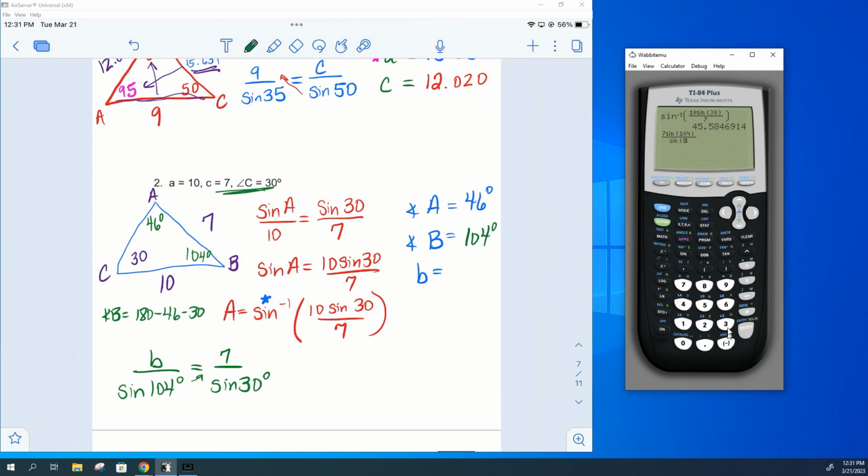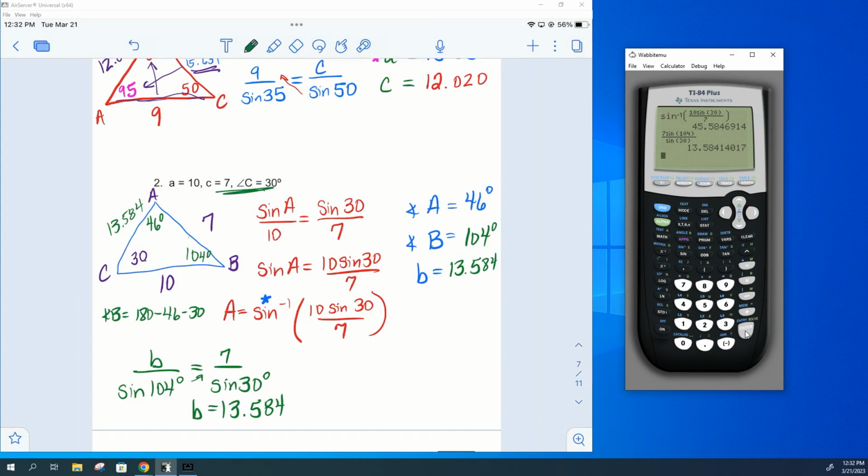Notice I am not hitting the inverse button. You're only hitting the inverse button when you are finding an angle. I am looking for a side, and I get 13.584. I do a little check-in to see if my numbers make sense.